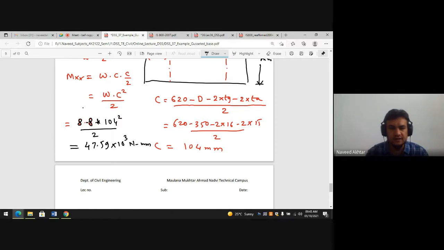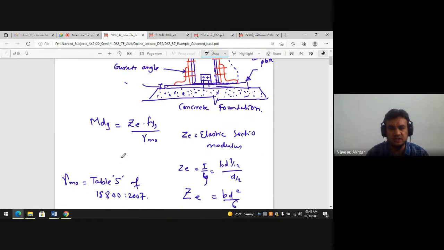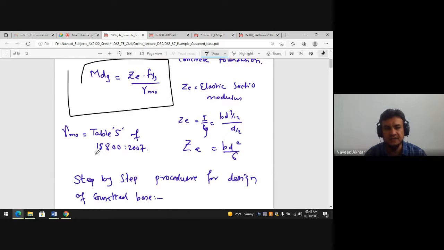Now we know that at the start we found the moment of resistance, which is nothing but Mdg equals Ze Fyg into gamma m0, and Ze is nothing but BD square by 6.